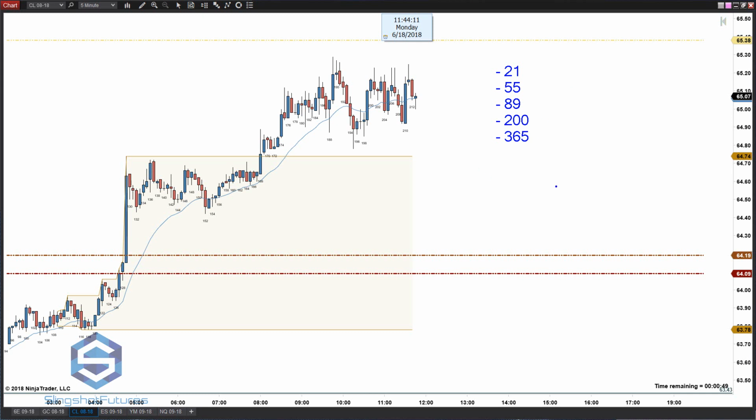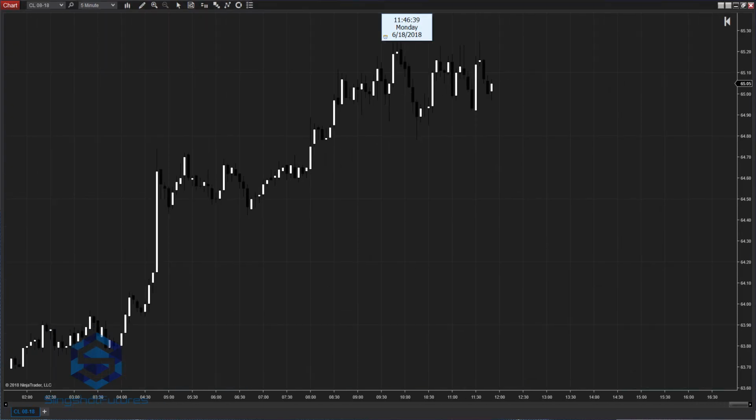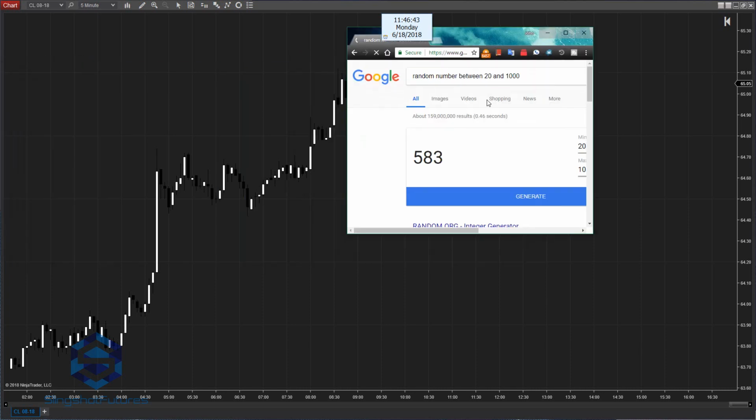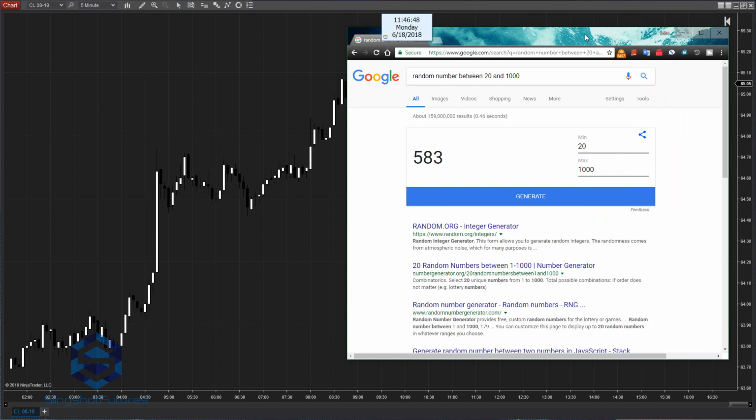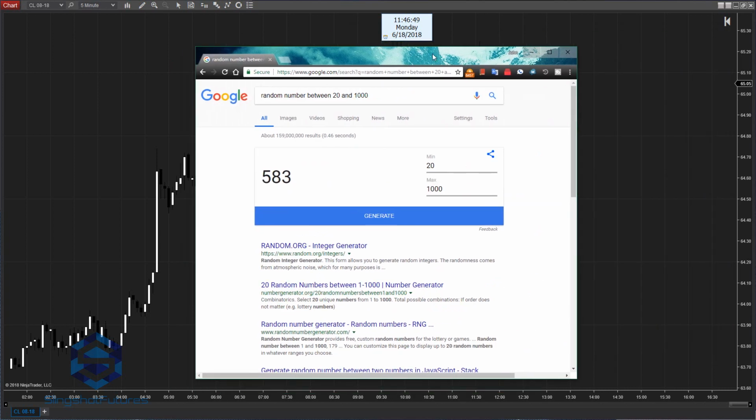Now, to further my example on the moving average topic, let's take a completely blank chart and throw up a completely random number just as an example. We're going to go over to Google and have them create a random number between 20 and 1,000, right? 20 just because a 20-period moving average is the lowest one I use.